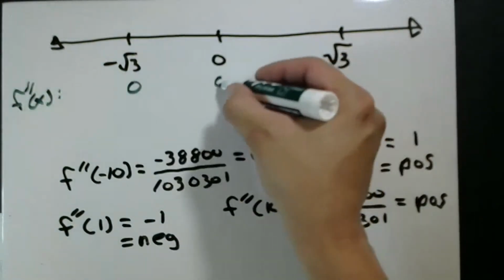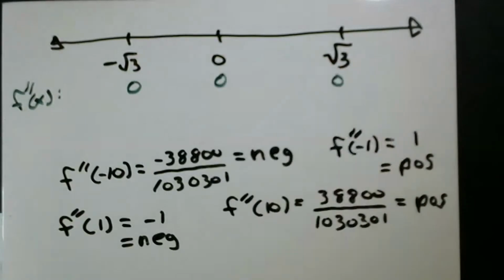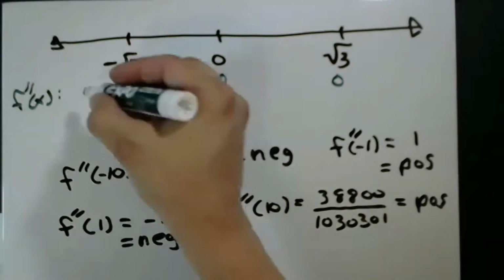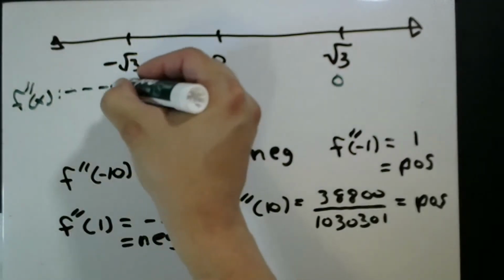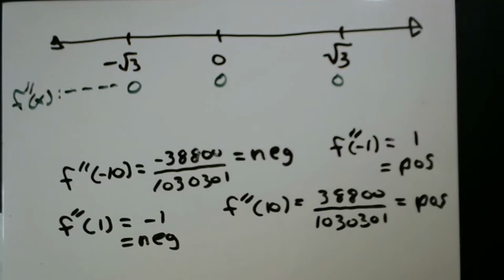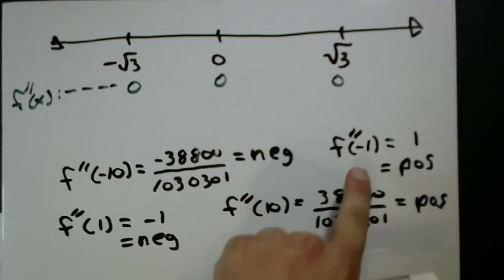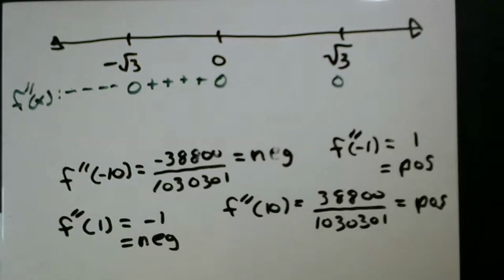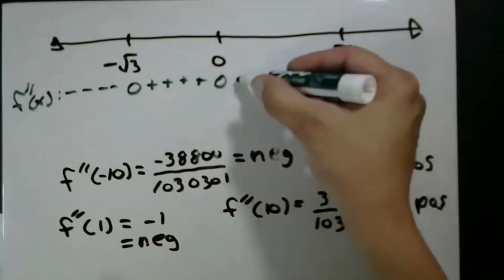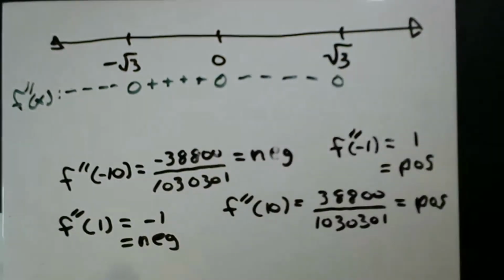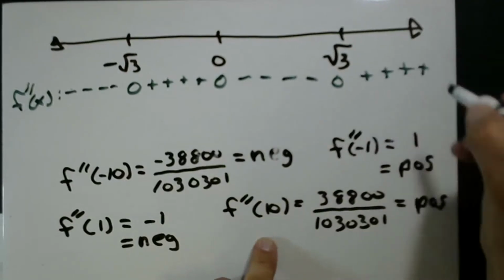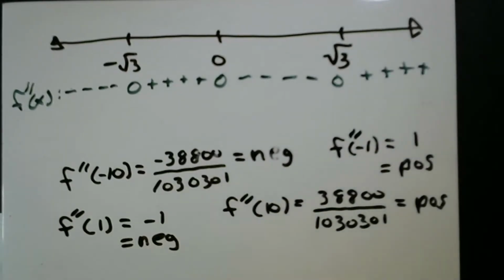So you have 0, 0, and 0. -10 was negative, so the entire second derivative is going to be negative along that stretch. f double prime of -1 was positive, so we're going to get this. f double prime of 1 was negative. f double prime of 10 is positive.